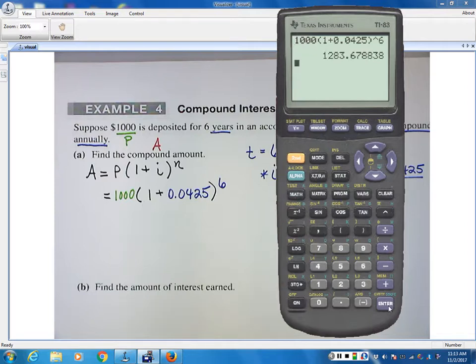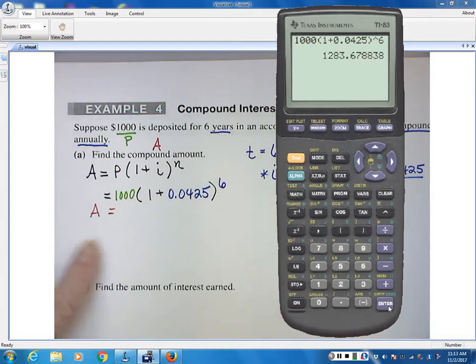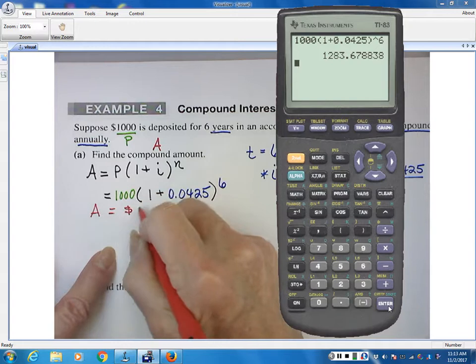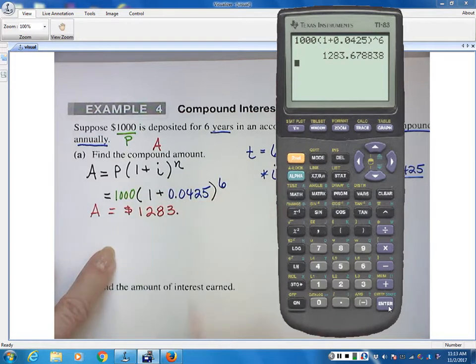So then our compound amount is $1,283 and 68 cents.